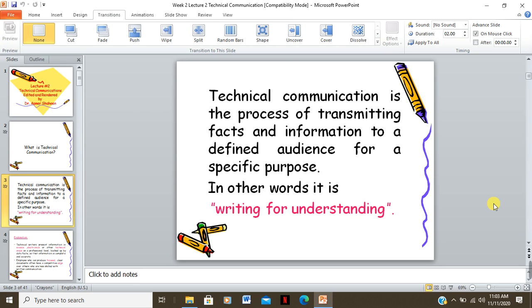Every person has different mental filters, every person has a different understanding capability. So we have to keep in mind, as we talked in our previous lecture while we were talking about the processes of communication, that we have to understand the context of our communication.